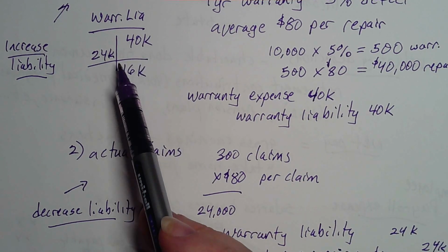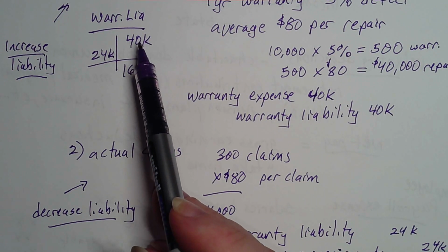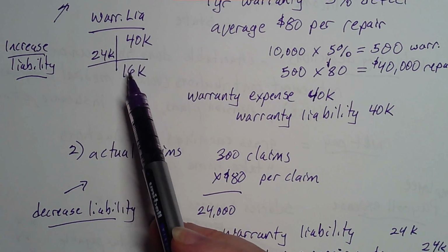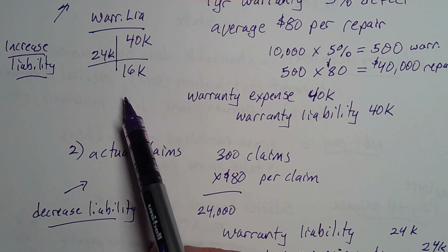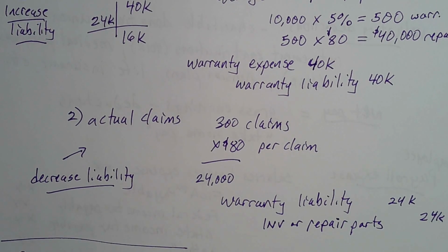These are kind of rolling go forward. You know, we don't go back and change these. We made our estimate here. This was the actuals, and what's left over, we'll make a new estimate, and then we'll keep working forward. So the actual warranties, as you can see, the warranty liability here, this decreases the liability, because remember, the warranty liability is the amount that I set aside for potential claims.